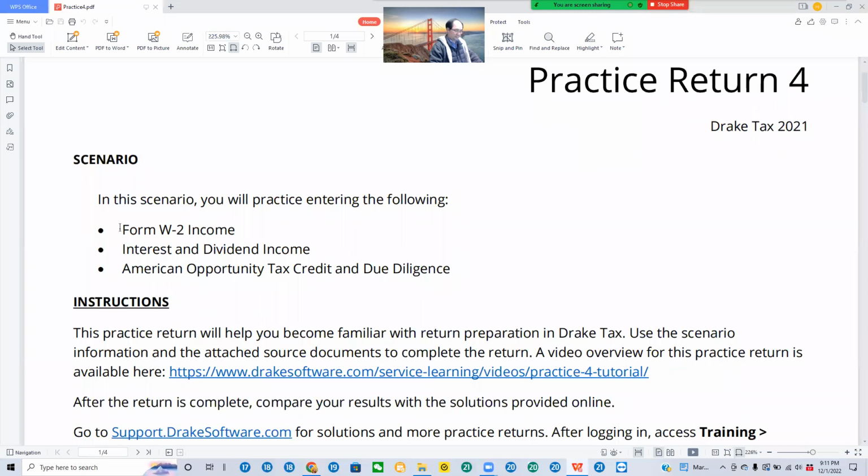We are going to learn how to do the W-2 income, which we have been learning for the past 3 classes. The interest income and dividend income, we also know. And the American Opportunity Tax Credit. So this number 4 is pretty much a review of what we learned.